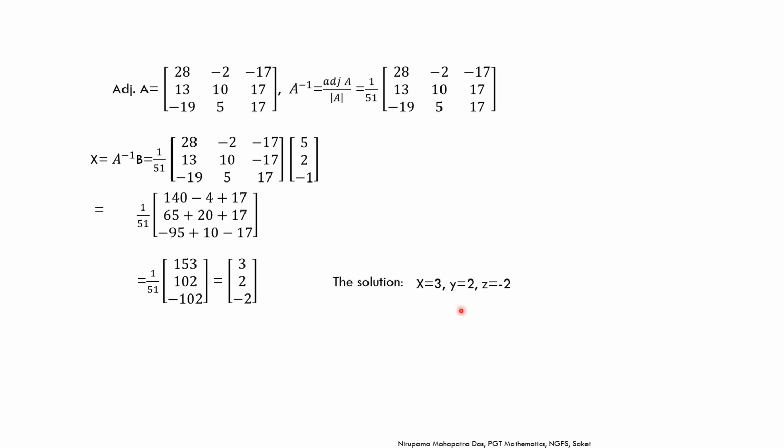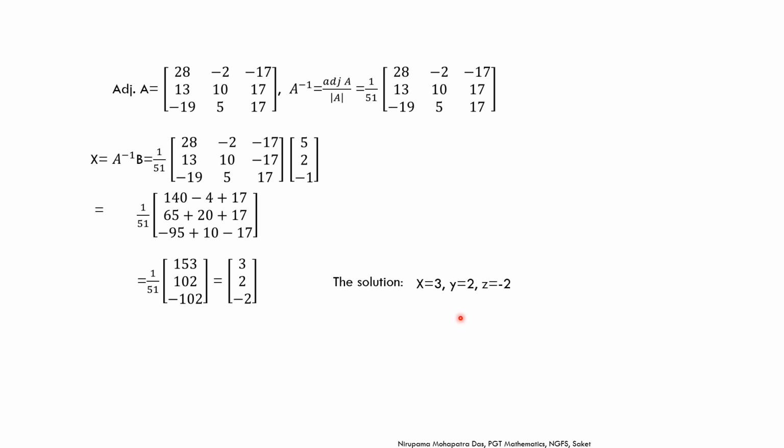In case one of the 3 values is incorrect, you will not get the equations verified. So in that case, there are 3 checkpoints. One checkpoint is to check whether your determinant calculation is correct or not. If the determinant of A calculation is correct, then check whether you have calculated the cofactors correctly or not.